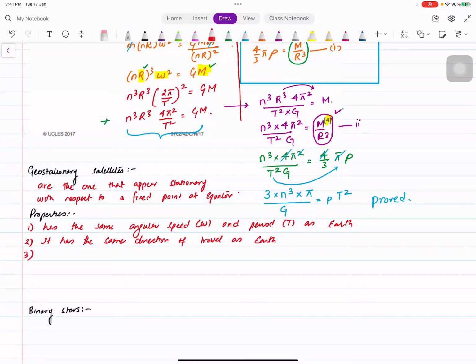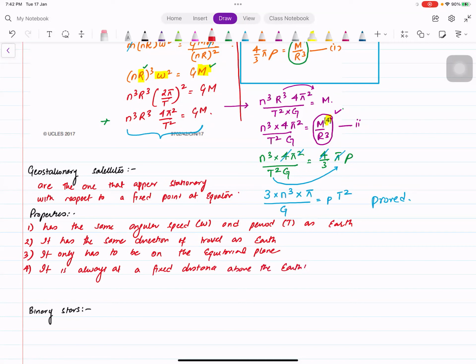Third thing is that it only has to be on the equatorial plane, which means it has to be on the equator. The fourth point is that it is always at a fixed distance above the Earth's surface. So you got to remember that.